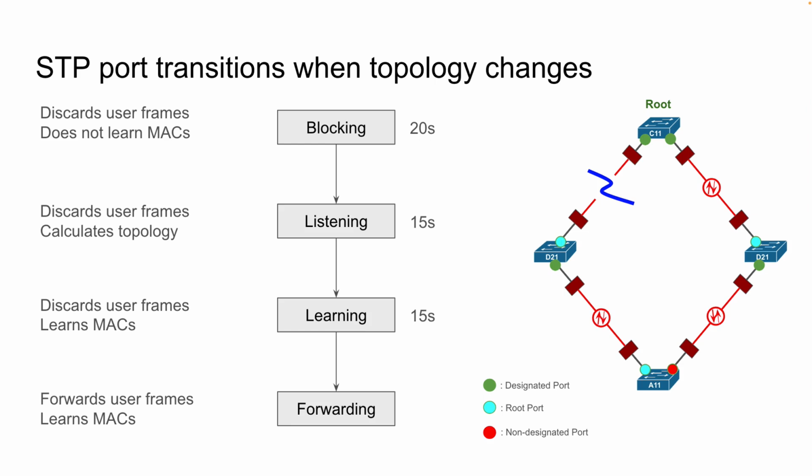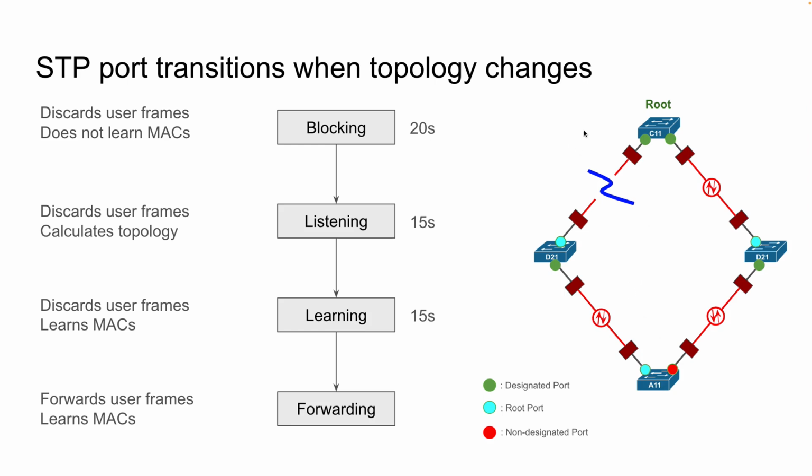So the port stays in its current state for 20 seconds, as well as all other ports in this topology, including this one, which is blocked and which is blocking this connection from C11 to A11. Basically, A11 is separated from the root bridge, as well as D21.